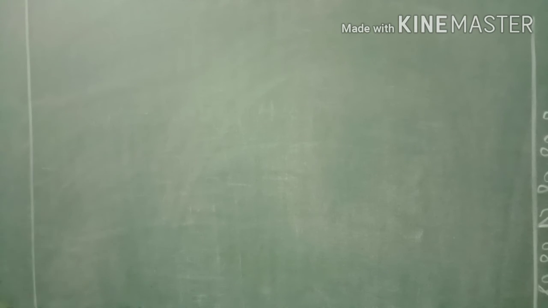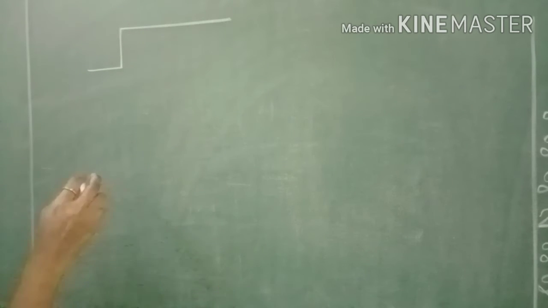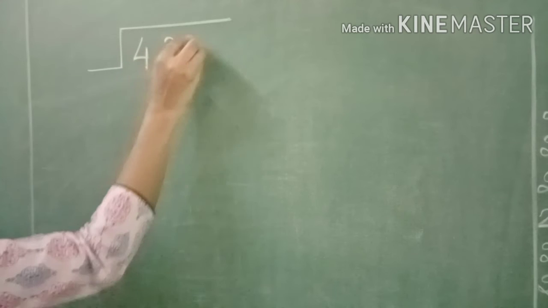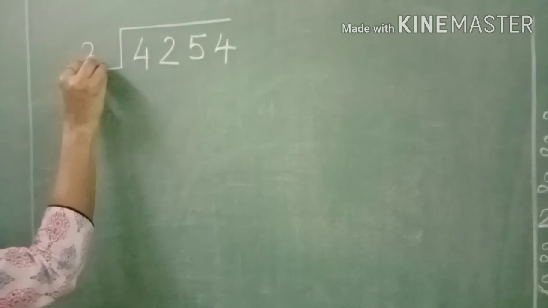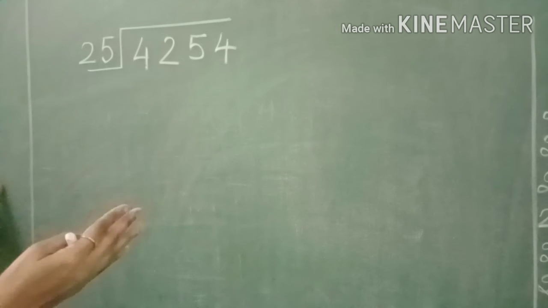While doing division, first we are going to draw one line to show the division part. That is, 4254 divided by 25. Now if you remember, I told you about the 4 steps.